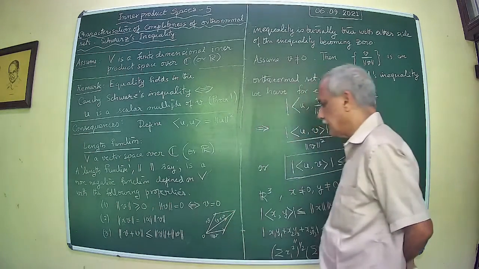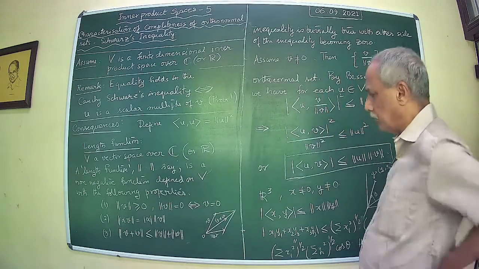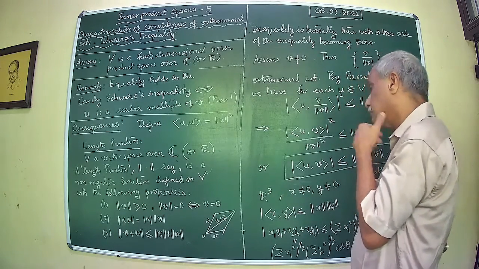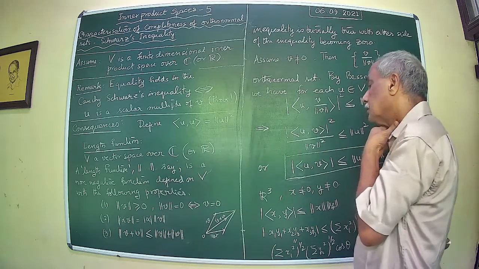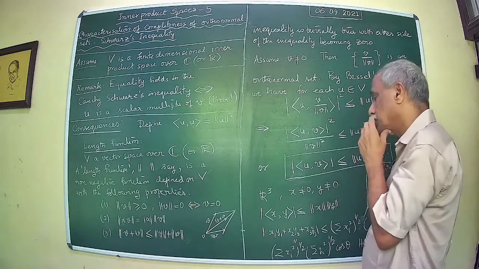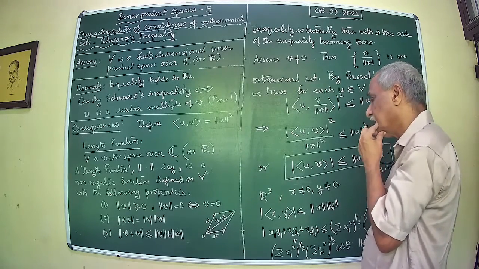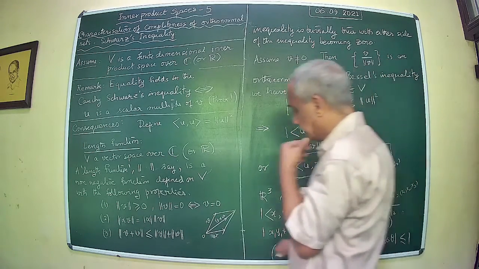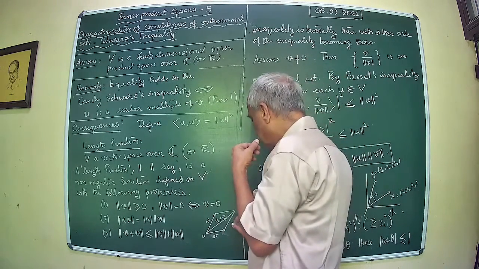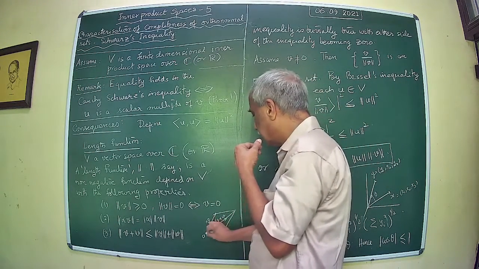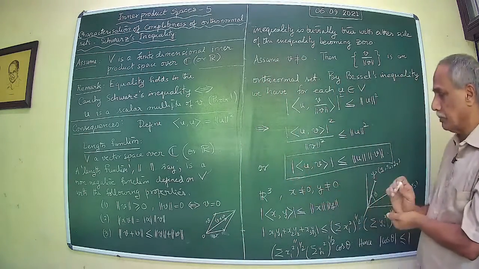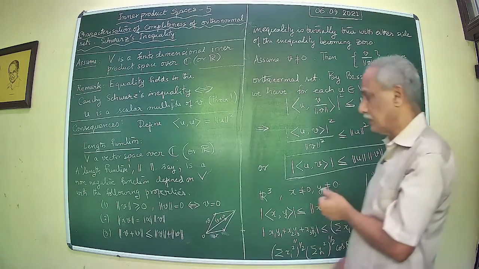What we are asserting is that, when you apply the parallelogram law, you see that the length of the diagonal is less than or equal to the sum of the lengths of the sides, namely norm V, and this is the same as the length of this by the properties of the parallelogram. And you see that this is true.